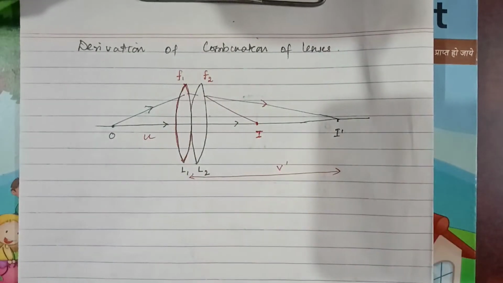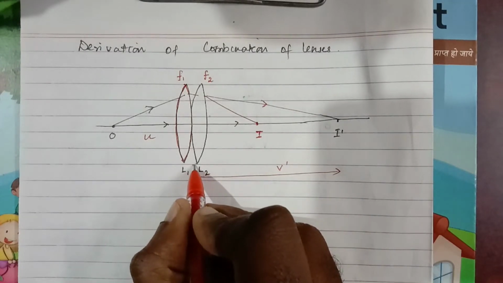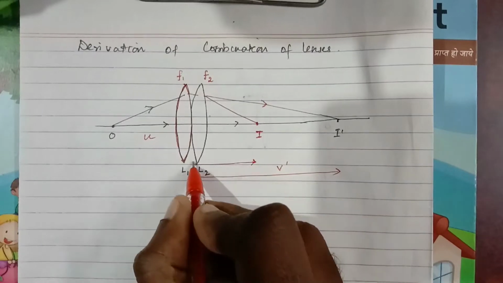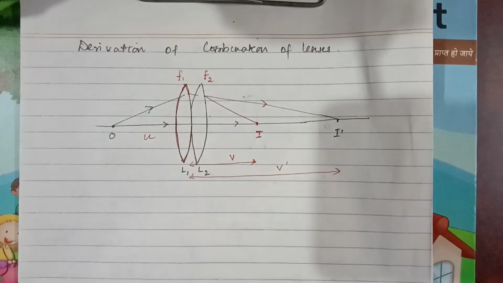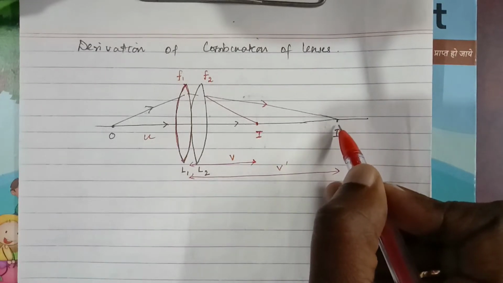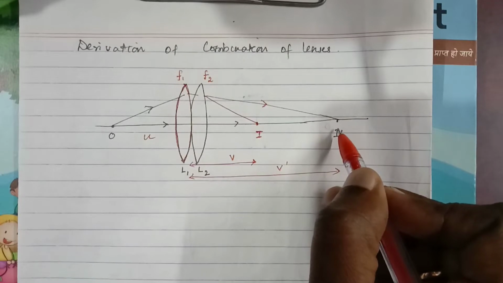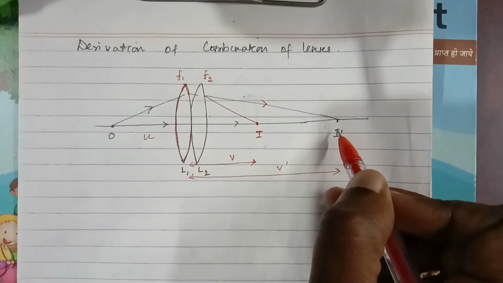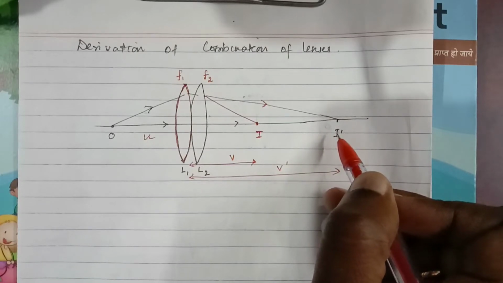So the final image distance is v. Due to the presence of I dash, here I dash acts as a virtual object.